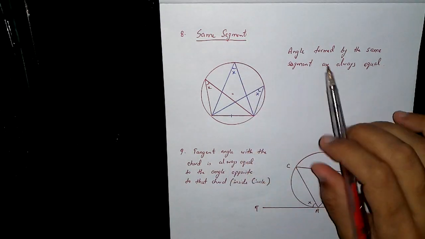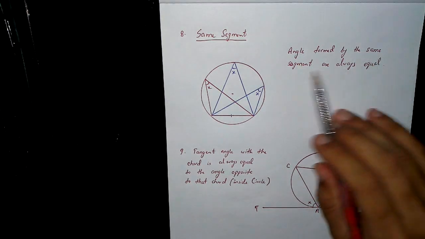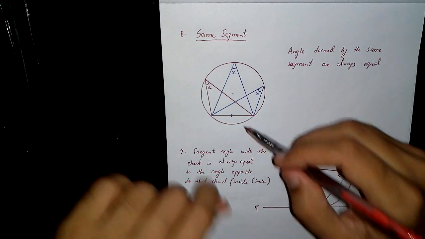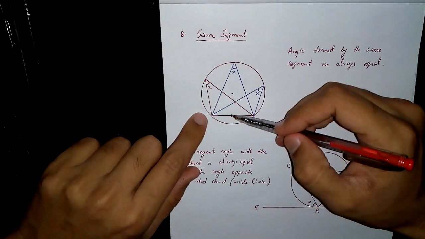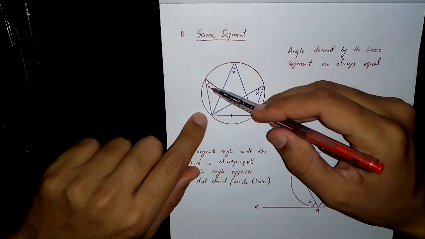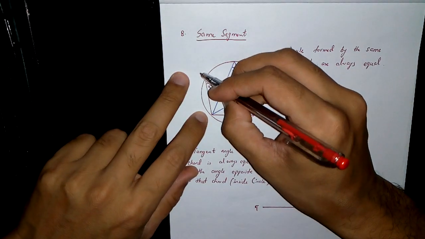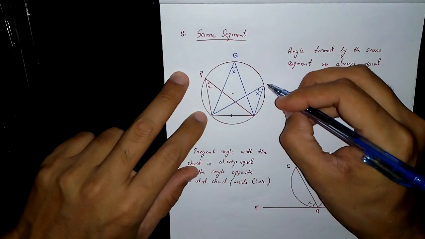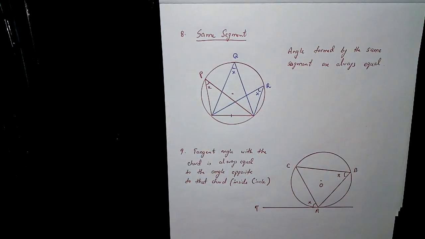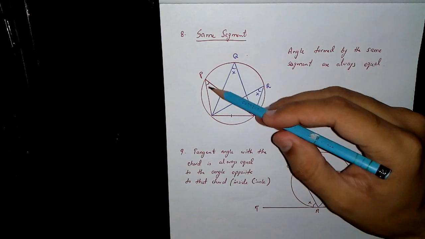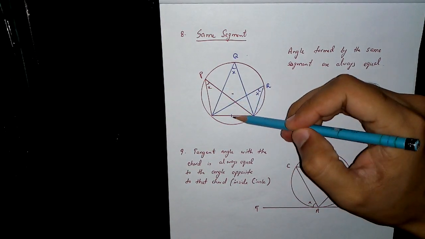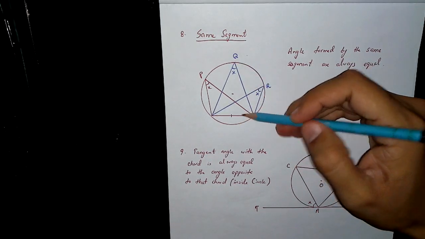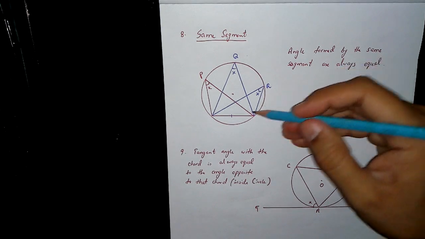So same segment property, angle formed by the same segment are always equal. Basically this is the segment, and this segment is opposite to angle X. Suppose this point is P, another point on the boundary is Q, another point on the boundary is R. So opposite to P, this is the segment, and opposite to Q, it is the same segment, opposite to R, it is basically the same segment.